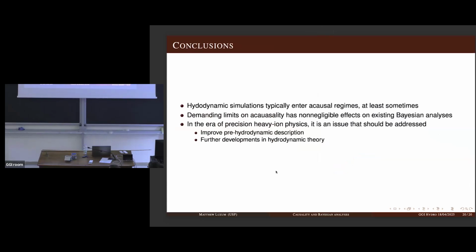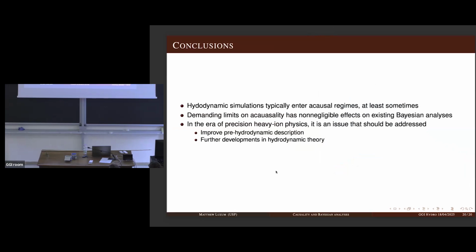So I think this is a good time just to end the talk, and that's about it. In hydrodynamic simulations, acausality is an issue. It happens, and demanding limits on acausality does not destroy our ability to analyze data.